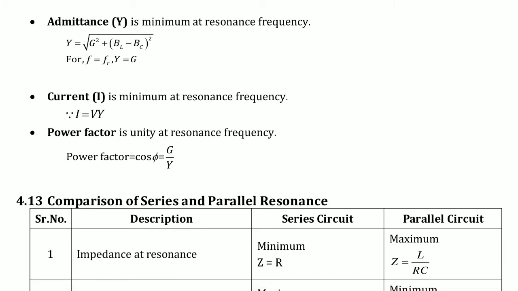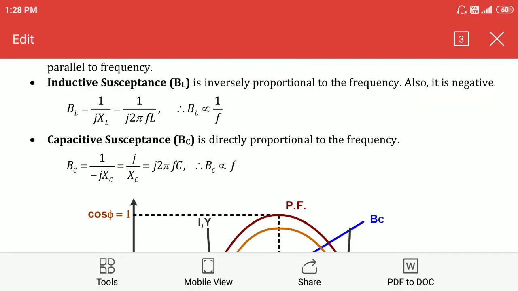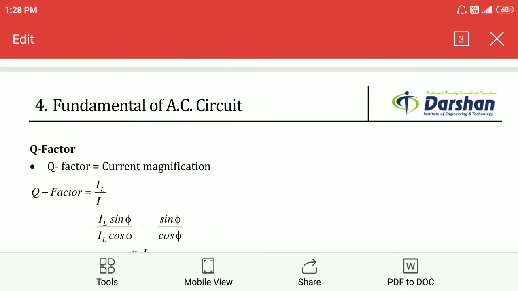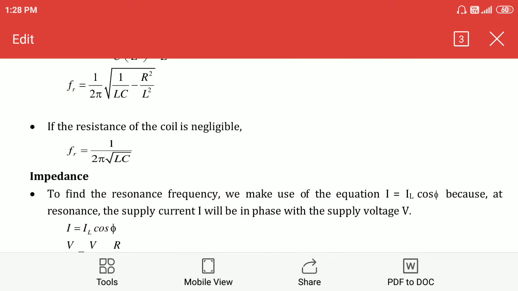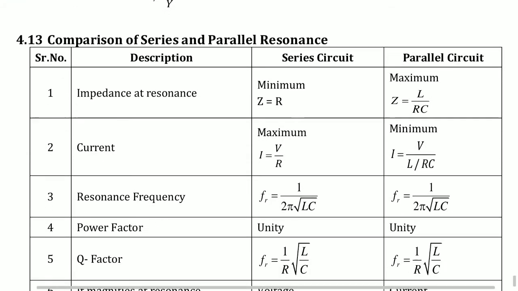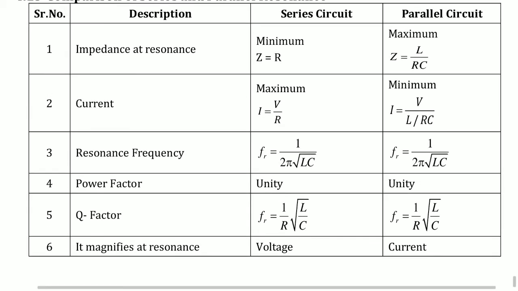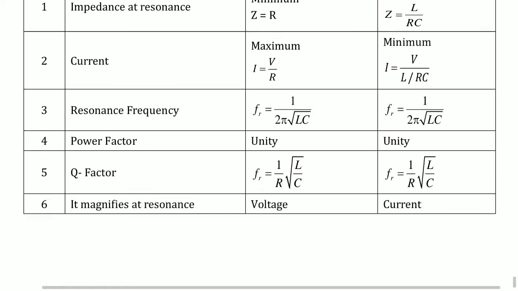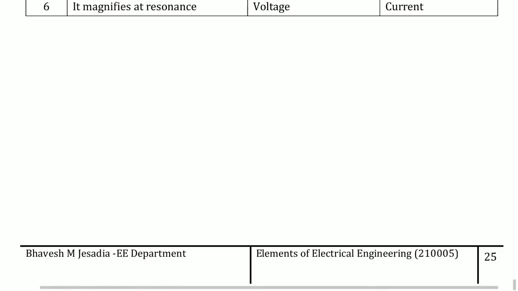So now, comparison of series and parallel resonance circuits. Now see here, in series and parallel circuits, how the impedance, current, resonance frequency, power factor, and Q factor magnify at resonance and under different conditions.